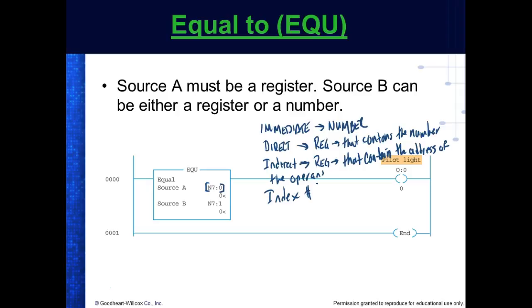Index addressing is kind of like when you walk into these food bars or cafeterias where you have all the plates stacked up there, and the only one you can get to is the one on the top. That's LIFO, last in, first out. So we use index addressing to go through arrays or tables.